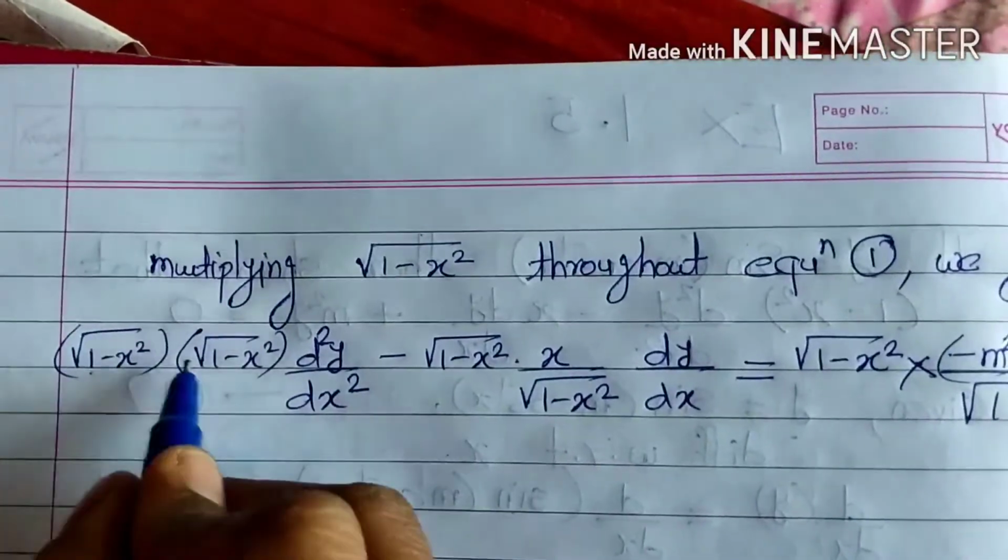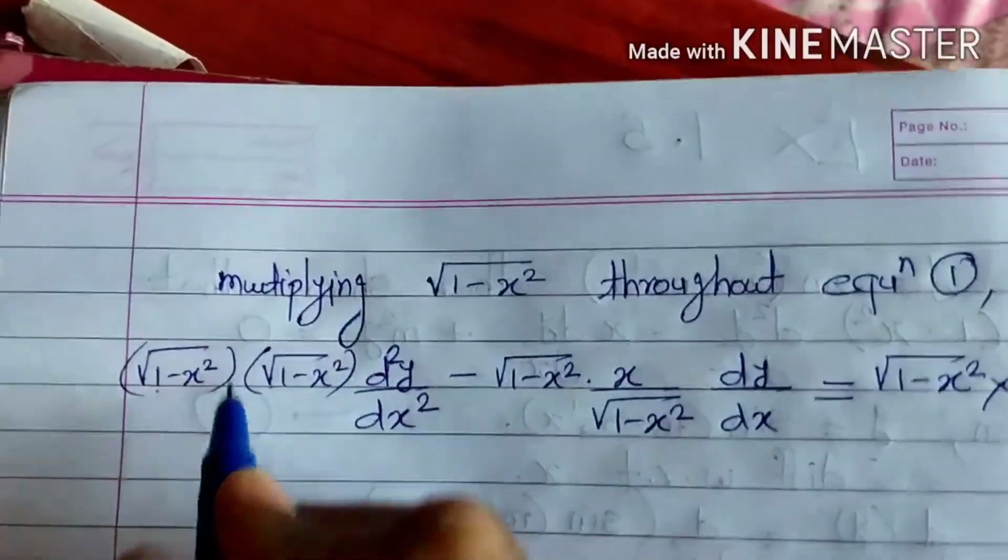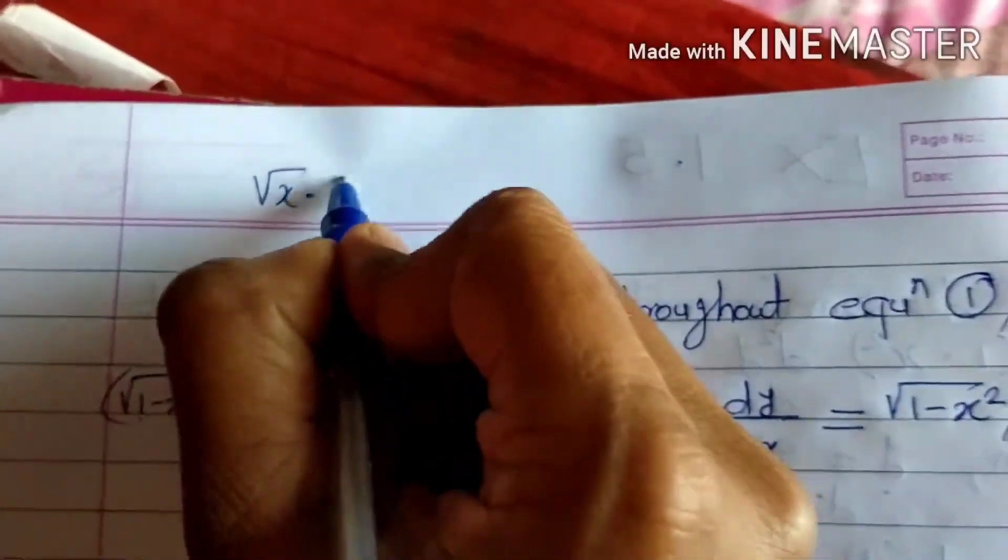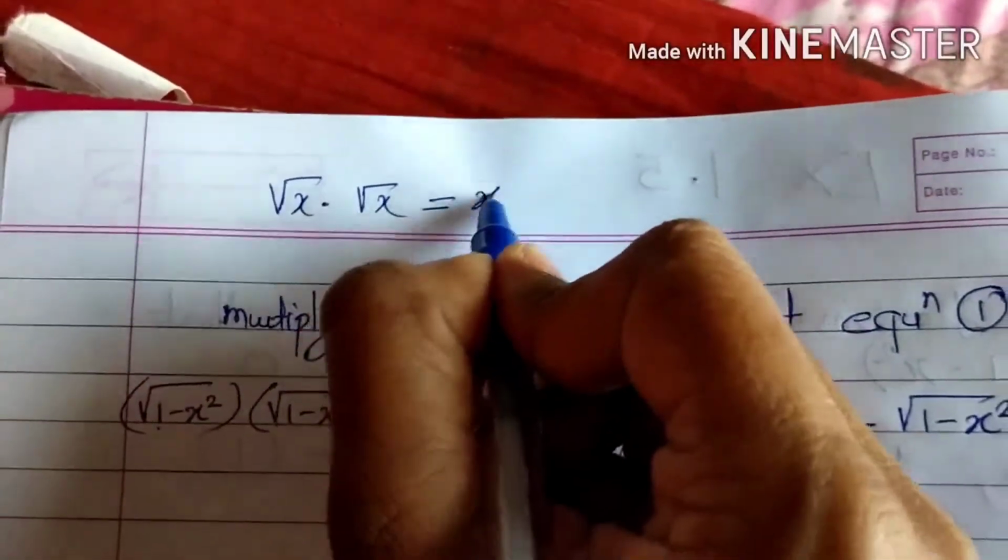So root x into root x is x, like that root x into root x is equal to x.